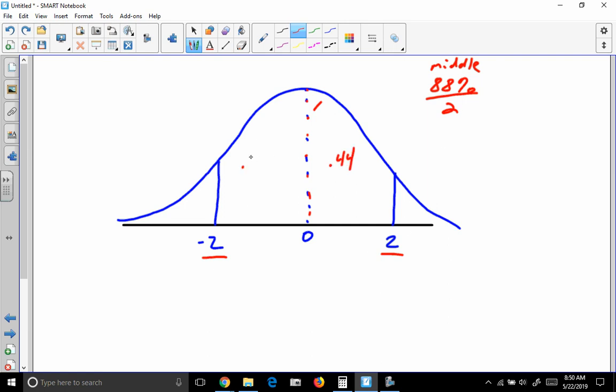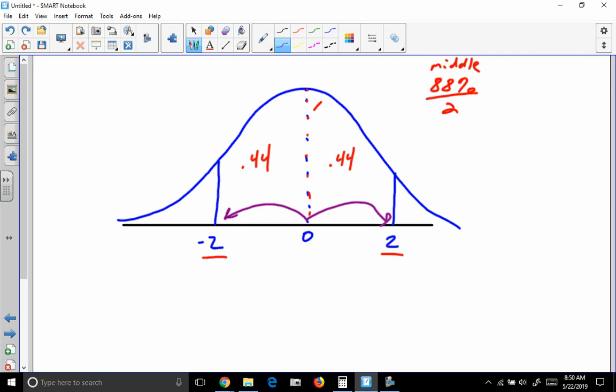The other half will be on the other side. Also, let's make the observation that since this area and this area are the same, these two z values are equidistant from the mean. That's why we say these are going to be the same numbers, just one is positive, one's negative. They're the same distance right and left. So if we find one of these, then we've essentially found the other one.